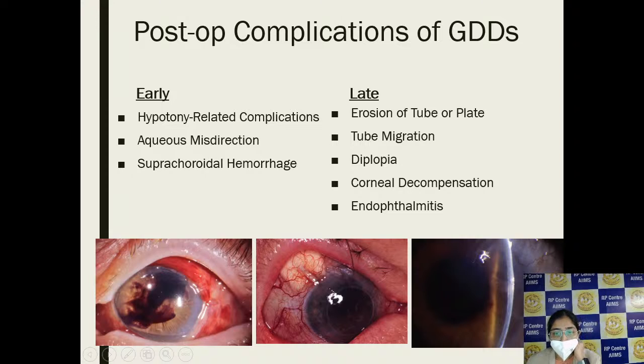Another problem is diplopia, which is because of the mechanical effect of the plate which we have placed in the subtenon space in the supratemporal quadrant. So diplopia is another problem accompanying the use of glaucoma drainage devices.